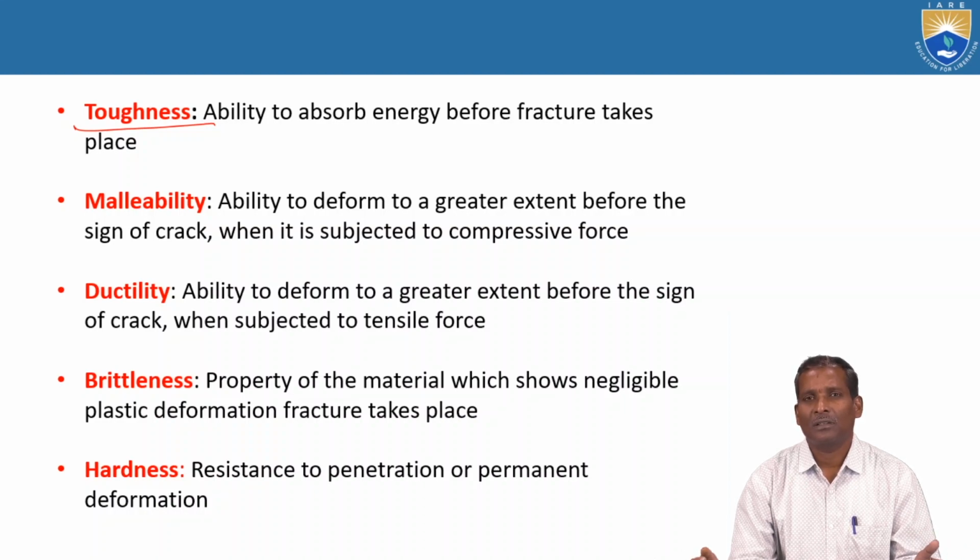If you are gradually increasing the load, what will happen? After a certain point, the component will fail, the material will fail. That is the fracture point. Already we have studied this in a stress strain curve. So to avoid the fracture, at the yield stage the material should have the capacity to absorb the energy of the applied load. That property is known as toughness.